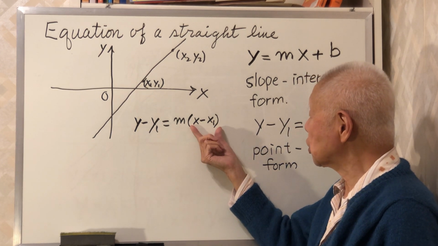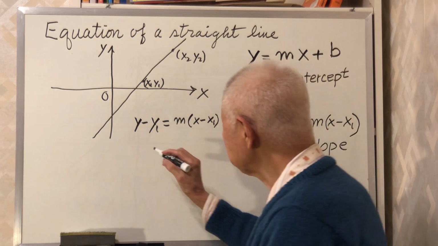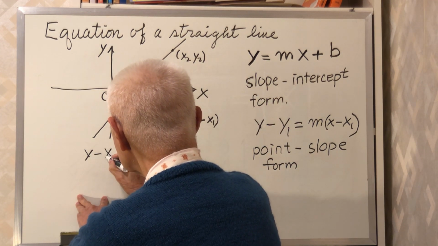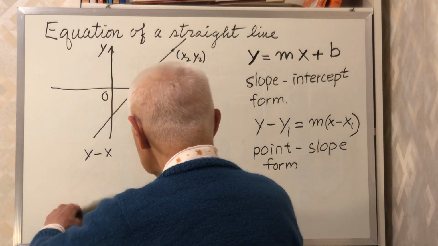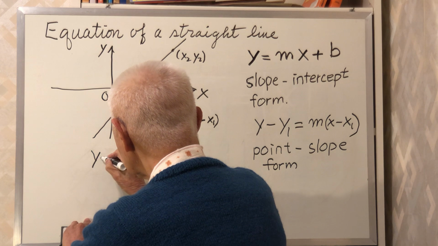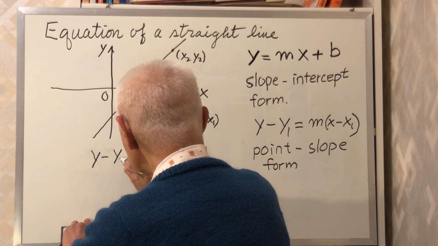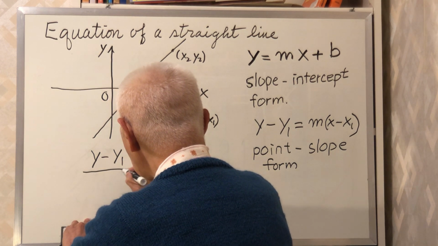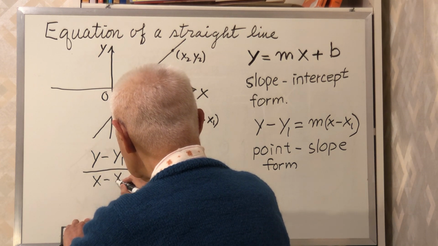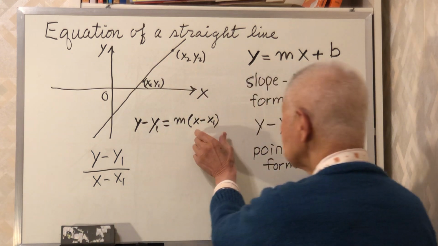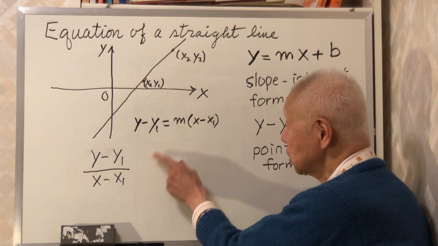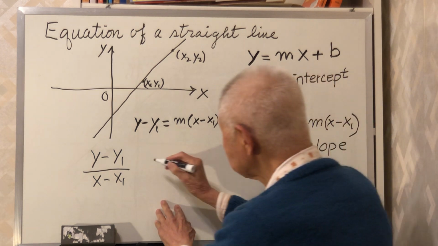Let me move this to the left-hand side: y minus y1 divided by x minus x1. Move this to the left-hand side and divide, and then this equals m.